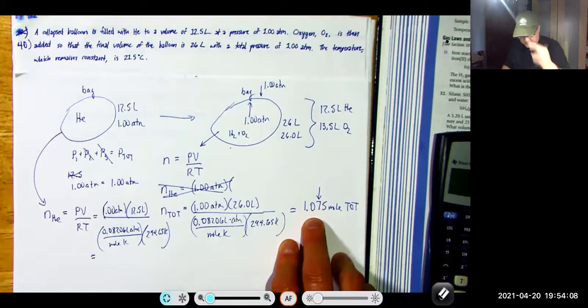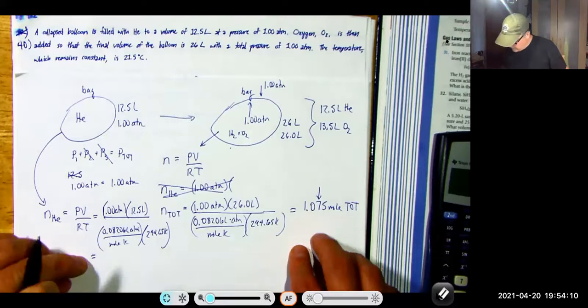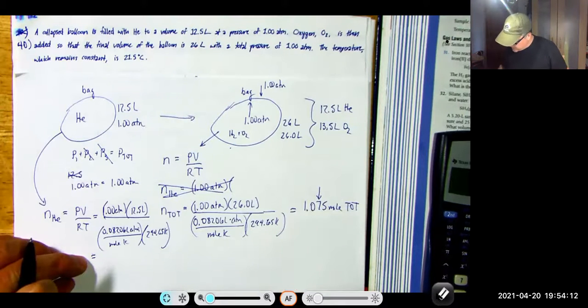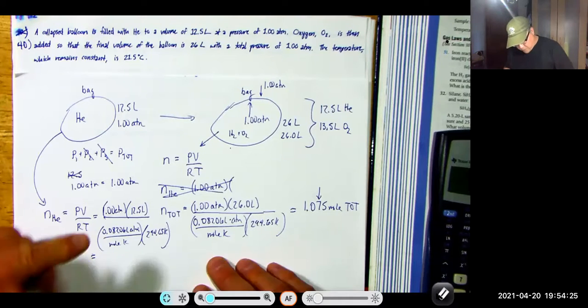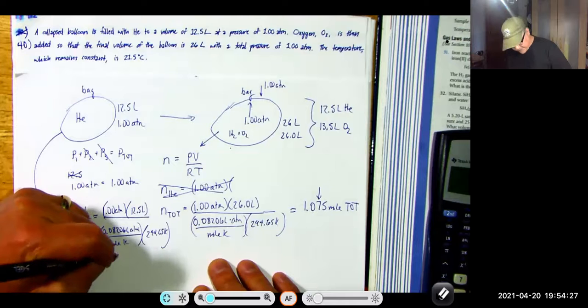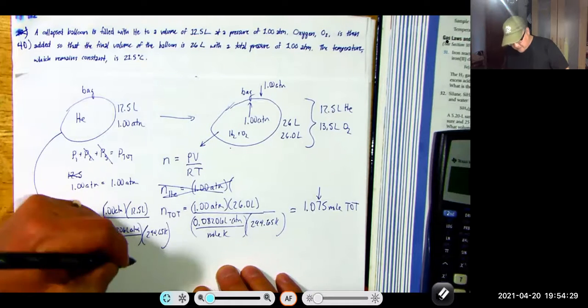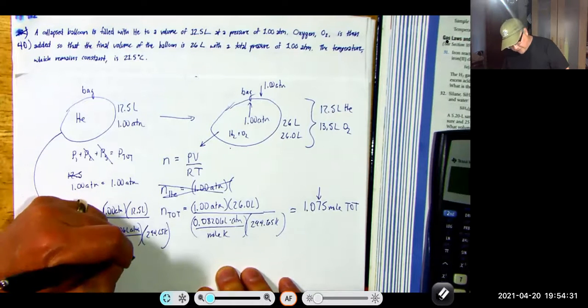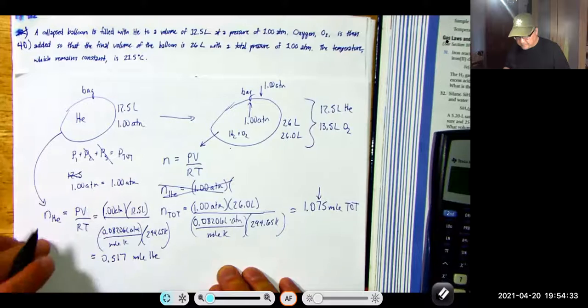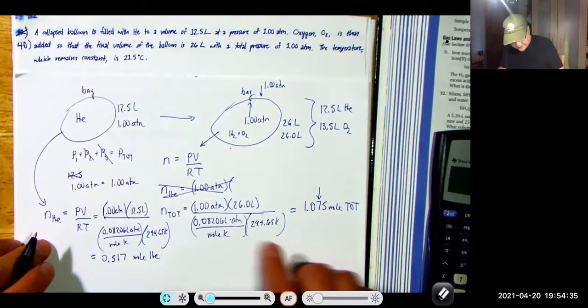That doesn't seem right. 1.00 times 12.5 divided by 0.08206 and divided by 294.65. Okay, so I get 0.517 moles of helium. I got to do this calculation again.